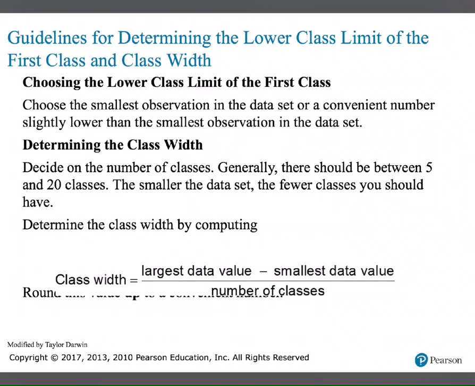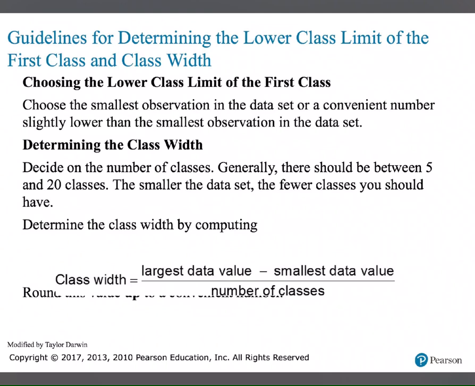Here's technically the mathematical way of finding the class width. I'm not sure why that is messing up. I apologize. I'll tell you what it says. You always need to find the smallest observation and the largest observation.